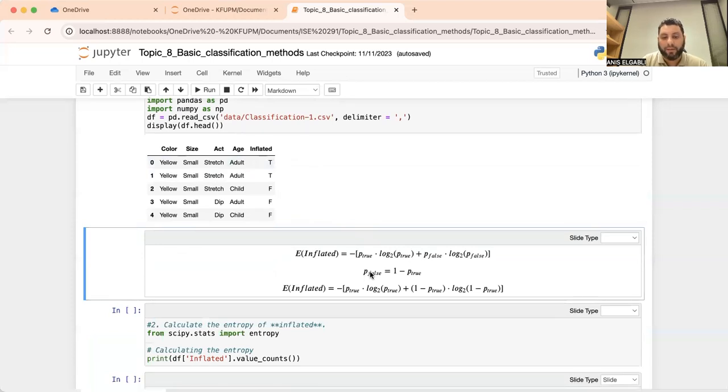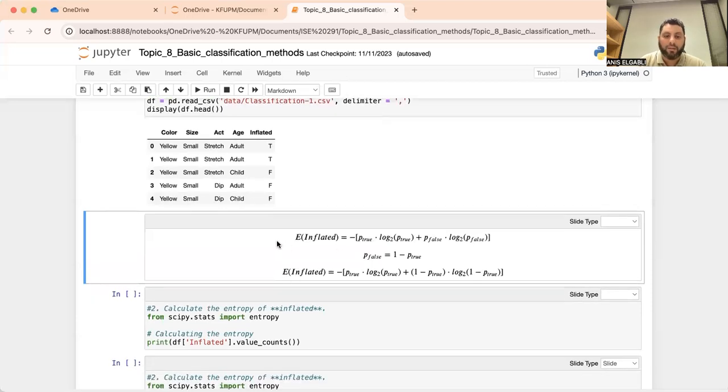And in fact, the probability of inflated equal to false is nothing but 1 minus the probability of inflated equal to true. So we can also write it in terms of the probability of true. It's the negative of the sum: probability of true log2 probability of true plus 1 minus probability of true log2 of 1 minus probability of true.